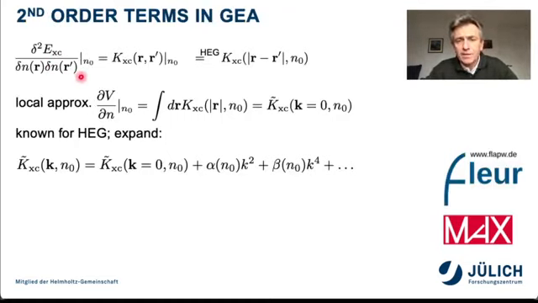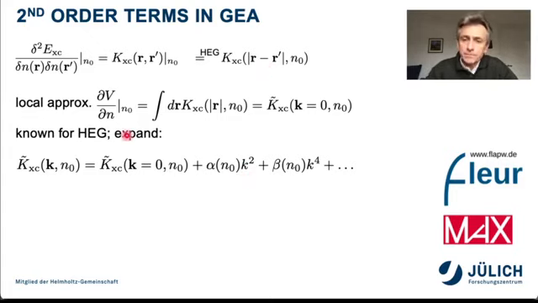This second variational derivative here is called the exchange correlation kernel. Now, in the homogeneous electron gas approximation, it depends only on the difference r minus r prime. This is a little bit like what I explained to you before with the exchange correlation hole, the same property.